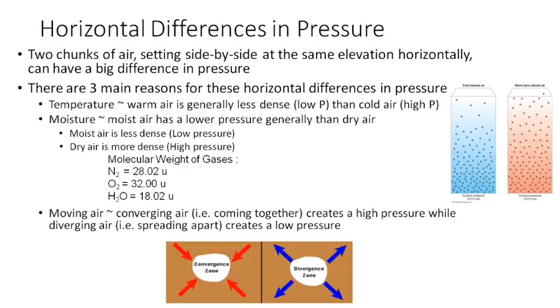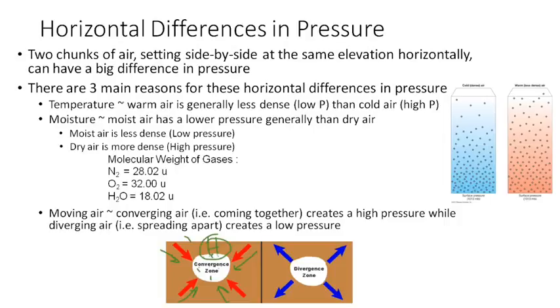And then the last one is whether the air is coming together or leaving. And I think this is kind of a cool concept. I liken it to if you throw candy in a playground, okay, in one region you're going to have kids converge. And if kids converge, you're going to increase the density of kids there. So that's actually going to create a high pressure. Okay, so converging air creates a high pressure.